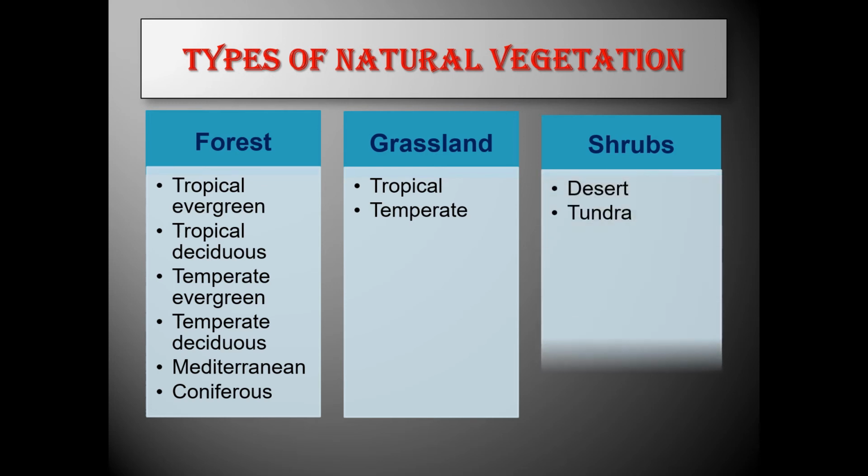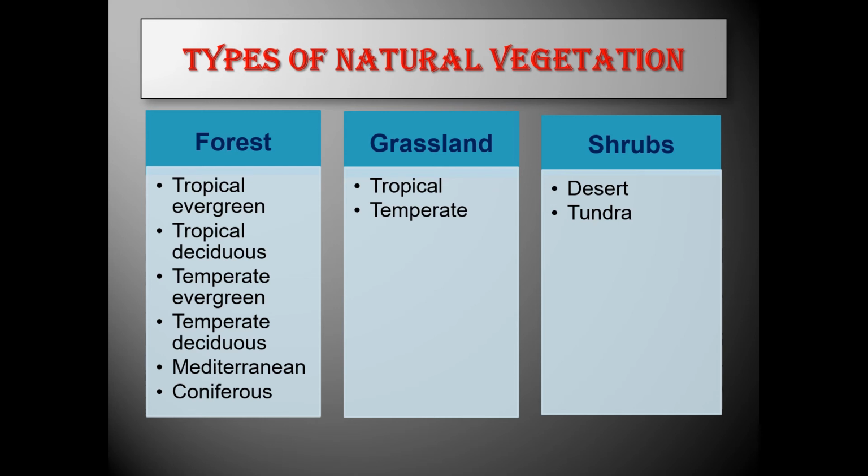So let us know about the various types of shrubs we have. Shrubs are mainly categorized into desert vegetation and tundra vegetation. Desert vegetation grows in dry areas of low rainfall, and this vegetation has deep roots and thorny and waxy leaves that help to retain moisture.